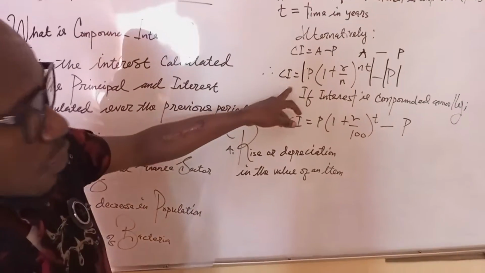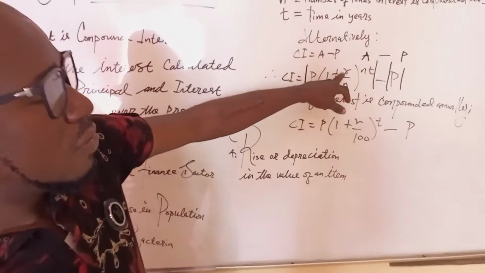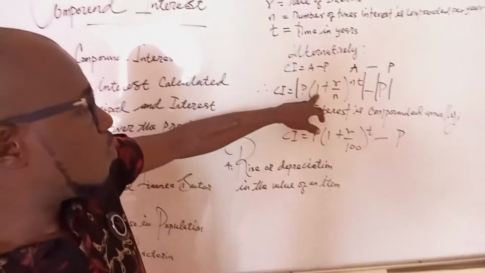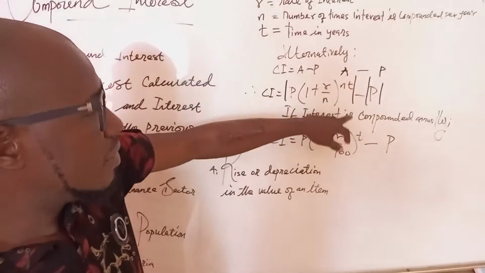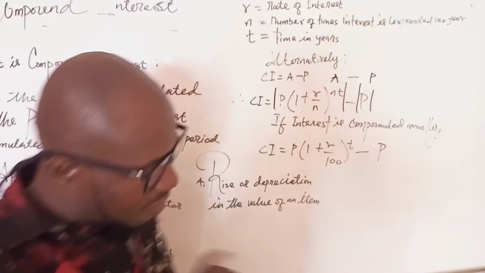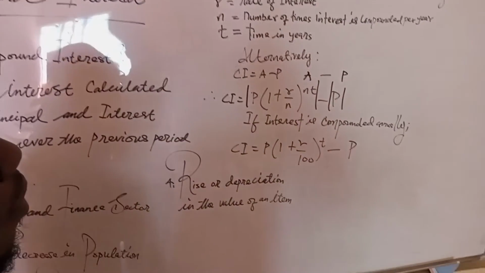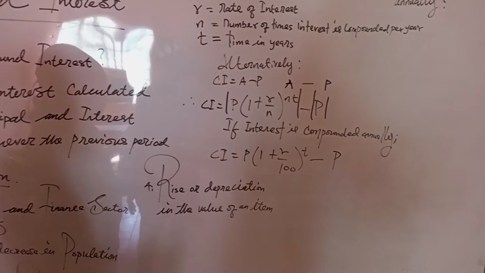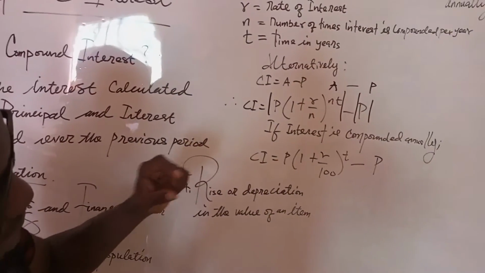So that is the formula for calculating compound interest: CI is equal to P, open bracket, 1 plus R over N, close bracket, to the power NT, minus P. All right, we also have another interesting formula.